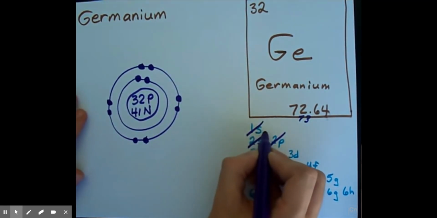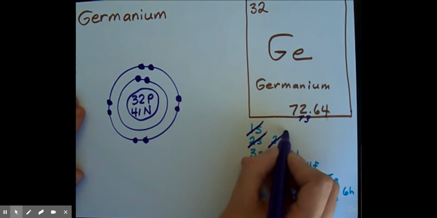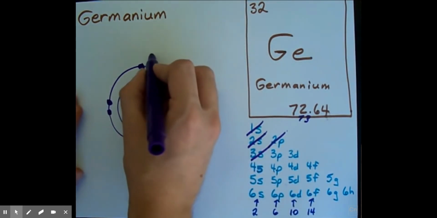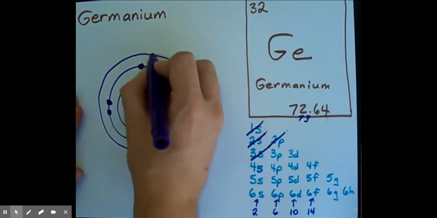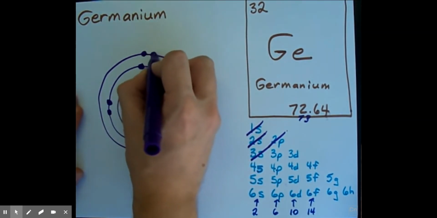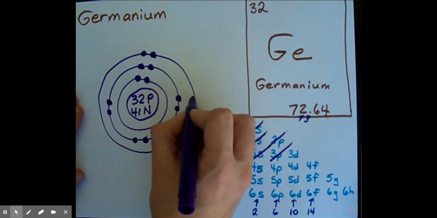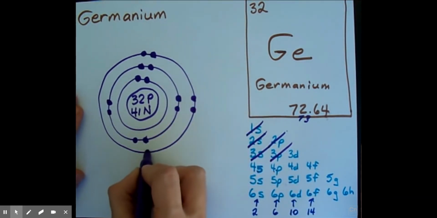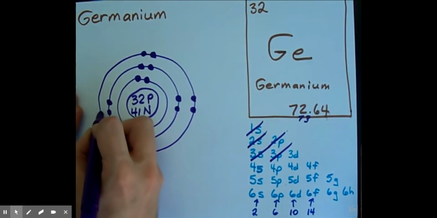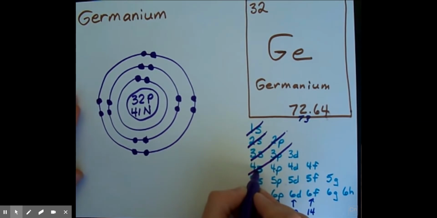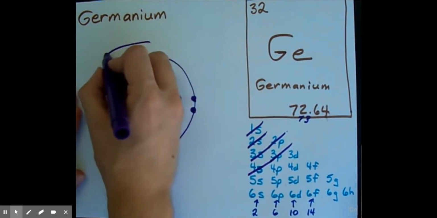So 2 into the first, 2 into the second, 6 into the second, 2 into the third. So I need another line here. 1, 2. Now I need to add another 6 to my third. 1, 2, 3, 4, 5, 6. And I need to add my next 2 to the fourth shell.